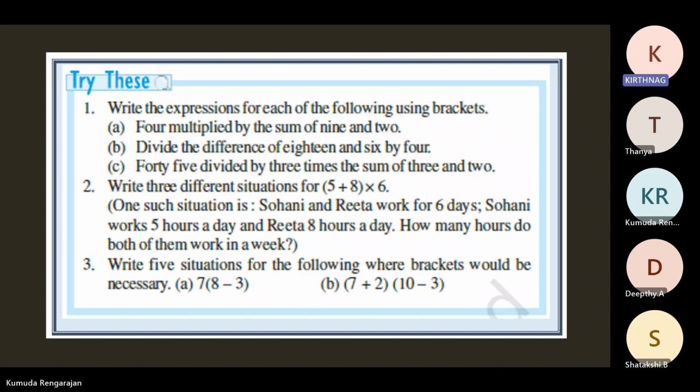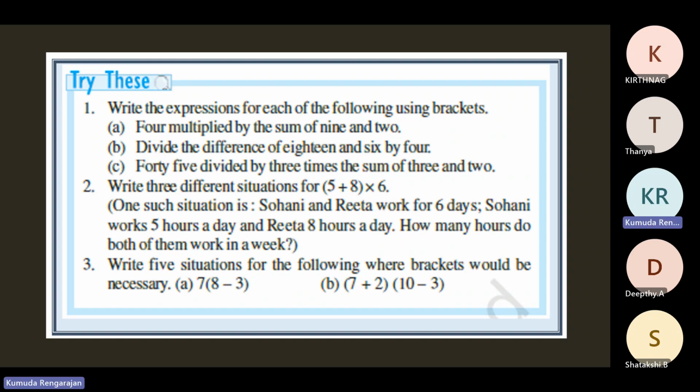Ma'am, can we write like, I bought 5 kg of sugar and my neighbor bought 8 kg of sugar. We are going to make a sweet together. How much are we going to make 6 sweets together? So how many kg of sugar can be used?